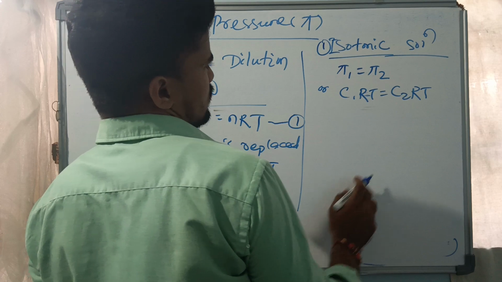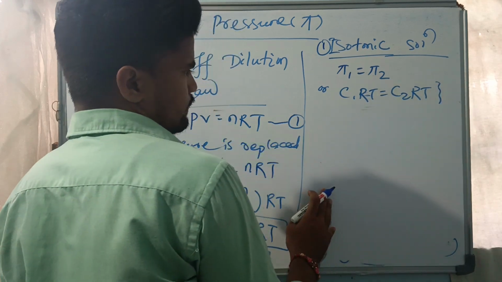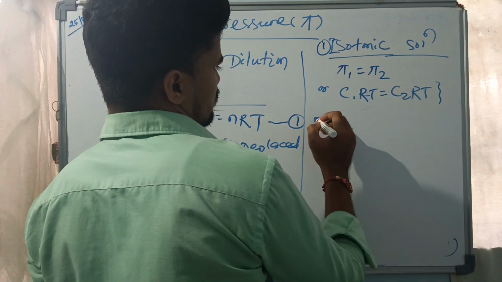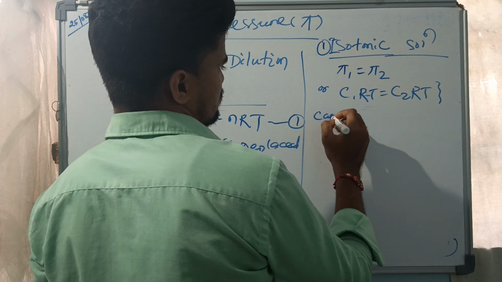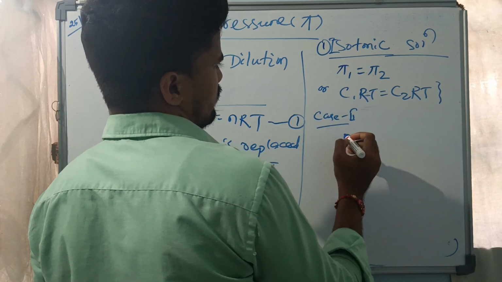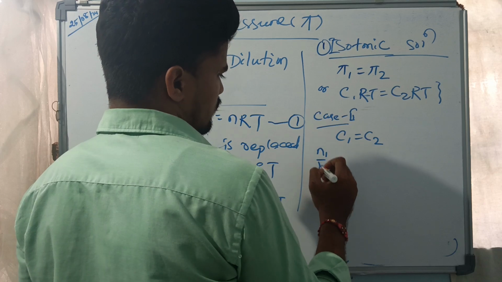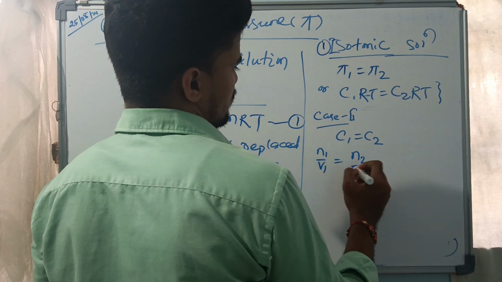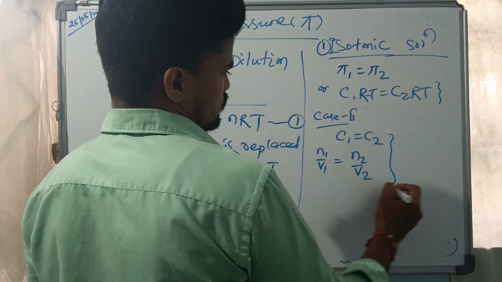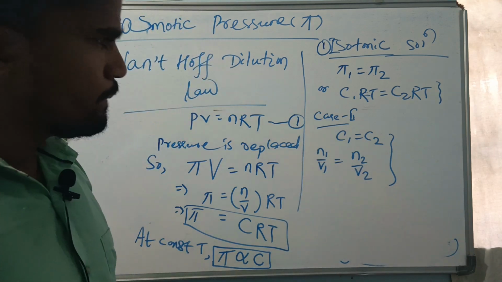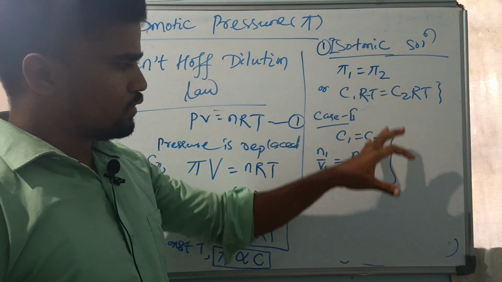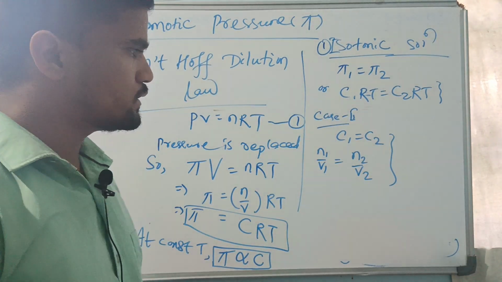At the same temperature, C1 is equal to C2. So n1 upon V1 is equal to n2 upon V2. Hence we proved isotonic solutions follow these conditions, right?